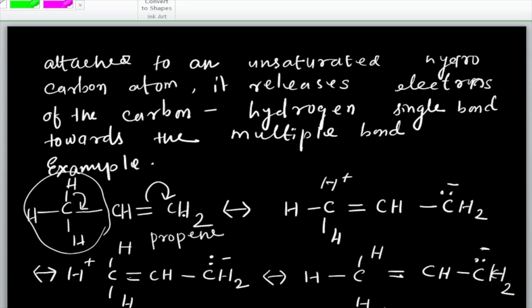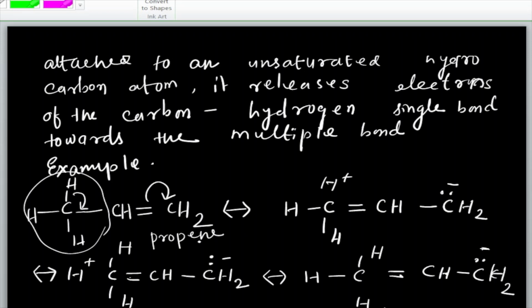This pi electron bond is localized to this carbon. That is why the H plus ion is freely present here, and this double bond changes to a single bond, and here a pair of electrons with one negative charge. There are two types existing here.